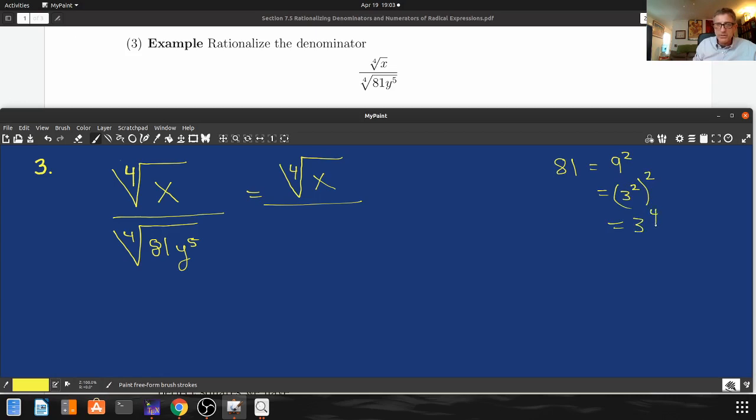That's not a coincidence. Remember, I'm looking at my index for the powers that I want. So 81 is 3 to the 4th. And I can write y to the 5th as y to the 4th times y. And that's exactly how I'm going to write it.